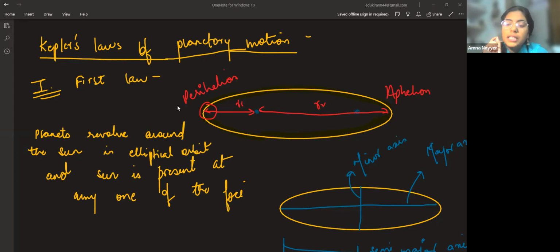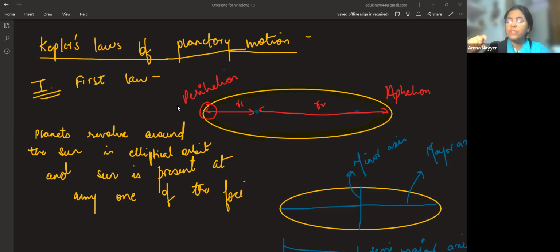Now see, the edge, the periphery of the orbit, which is located toward the larger distance, we call aphelion. The second one, located towards the shorter distance, because if the sun is at one of the foci, one edge will be nearer and one will be far away.